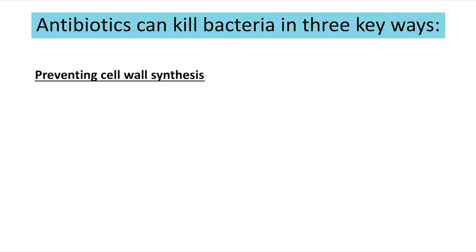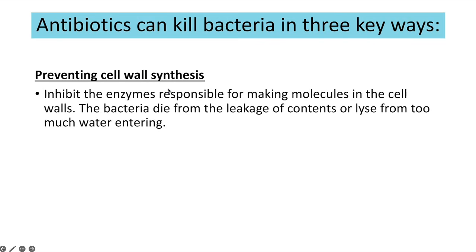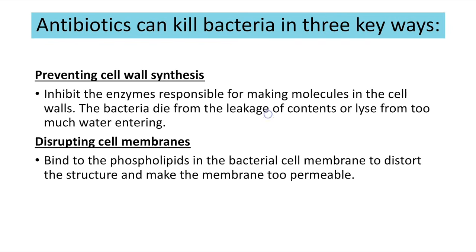The way that antibiotics kill bacteria, because they do only kill bacteria, is by preventing cell wall synthesis. This could be that it inhibits the enzymes responsible for making molecules in the cell walls, and the bacteria then die from the leakage of the contents or lyse from too much water entering. Or it could be through disrupting cell membranes.